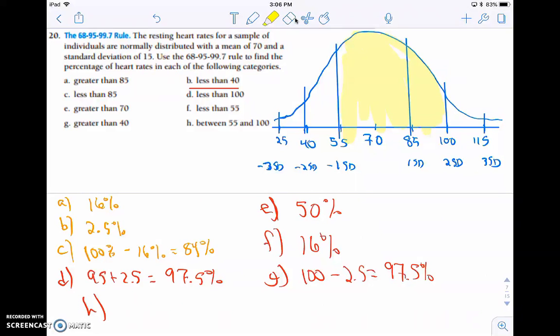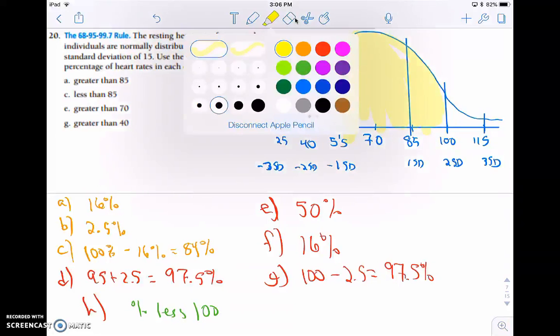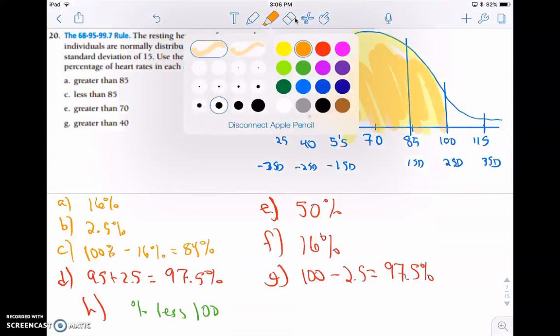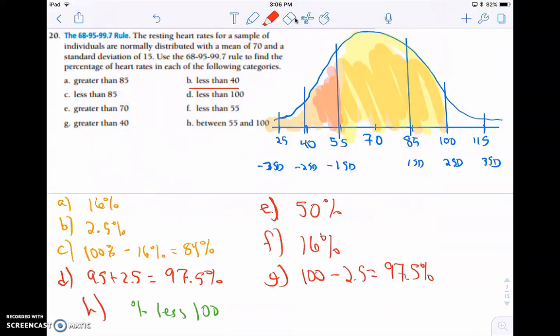And the easiest way to do this is to think of it as, let's take the percent less than 100. So the percent less than 100 is going to be all of this right here. So let's take that, and then we need to subtract off less than 55, because if we subtract that off, then we'll be left with between 55 and 100.